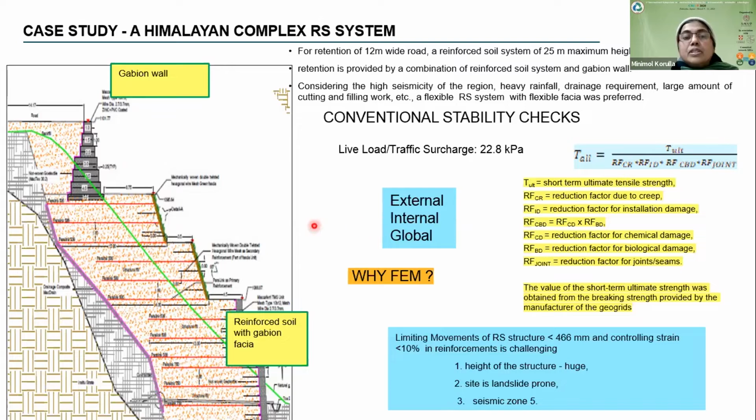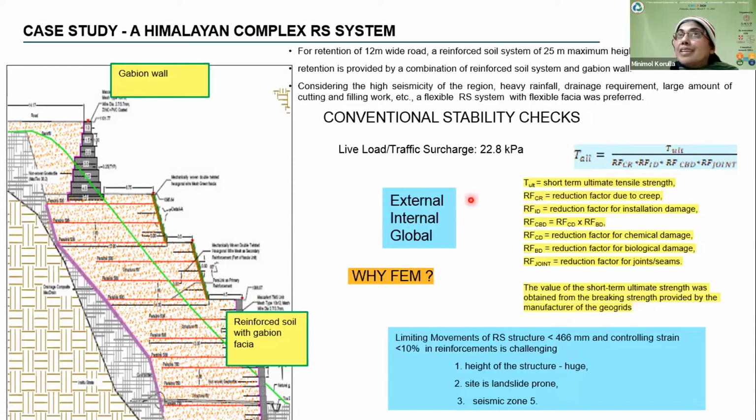And of course, the short-term strength, whatever I mentioned here, needs to be reduced as per the practice, as per BS 8006, which is the most popular code, or the IRC SP 102. We have to apply the different reduction factors, like reduction factors against creep, against installation damage, against chemical and biological damage.